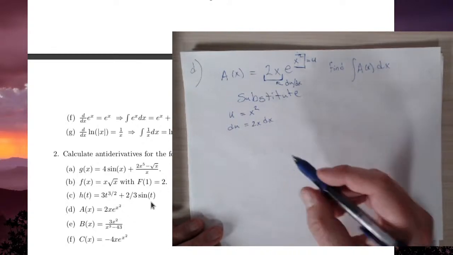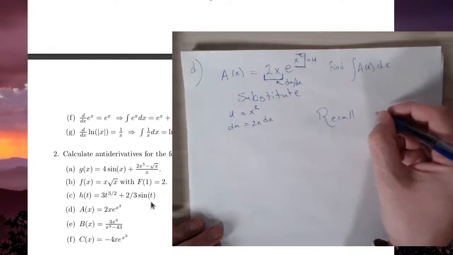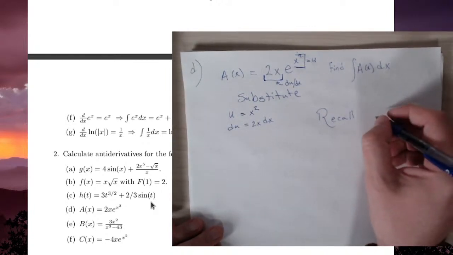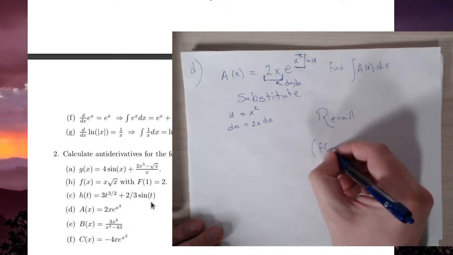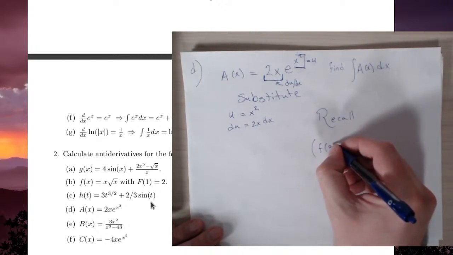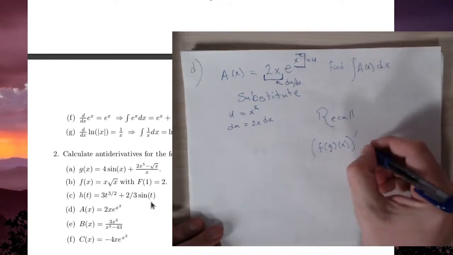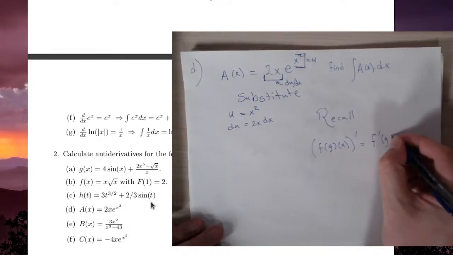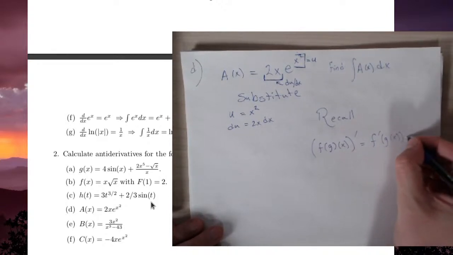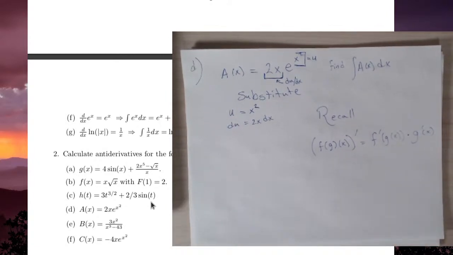So a situation like this reminds us of the chain rule. Let's recall how the chain rule works. The chain rule says if you take the derivative of a composition, this is the derivative of the outside function evaluated at the inside function times the derivative of the inside function.